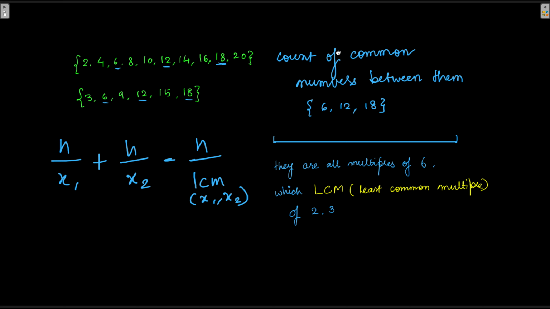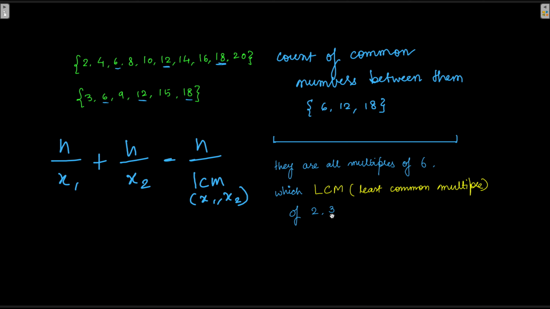So we need to count common numbers between these two lists, and we have decided that they are going to be 6, 12 and 18. If you notice them well, they are nothing but multiples of 6. And what is 6 here? 6 is the least common multiple of 2 and 3.